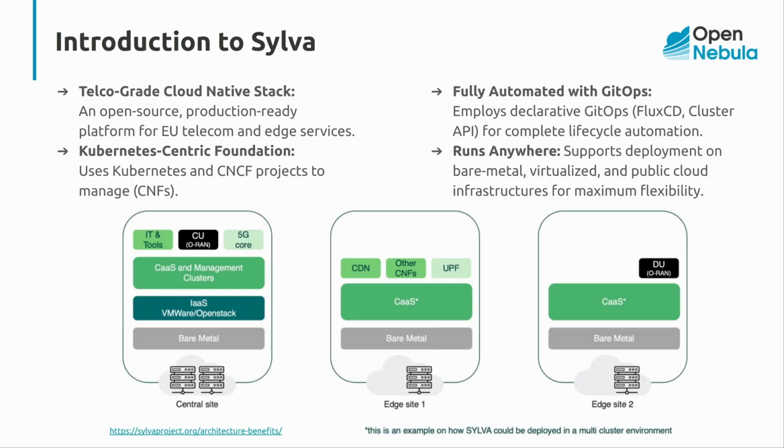In our screencast, this infrastructure as a service provider will be the OpenNebula instance. On top of this, we can deploy management and workload clusters that can host any cloud native workload, particularly CNFs for telco applications. These central clusters can then manage various edge sites, extending the container platform to the far edge.